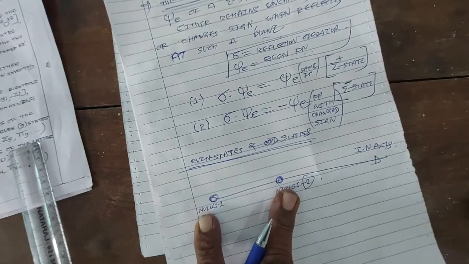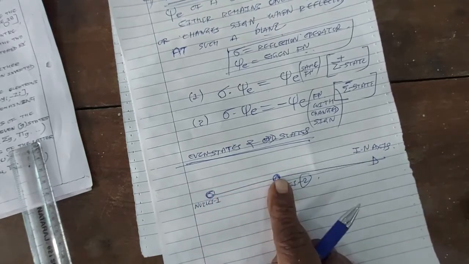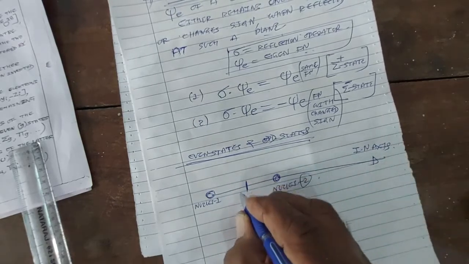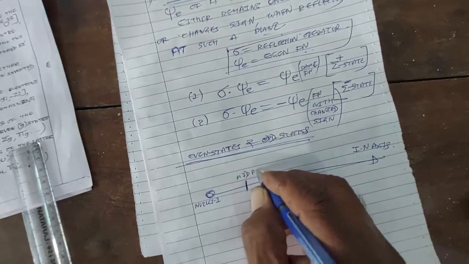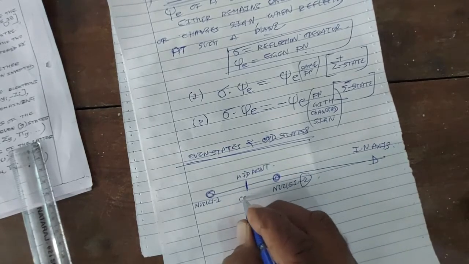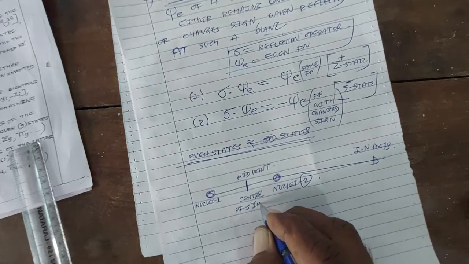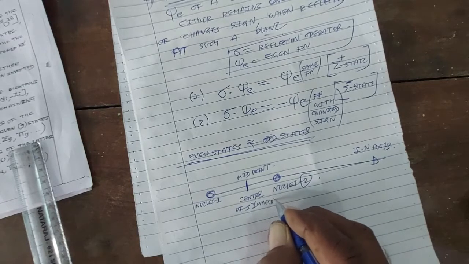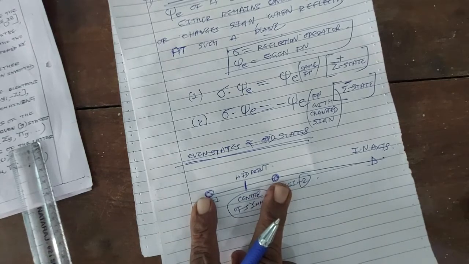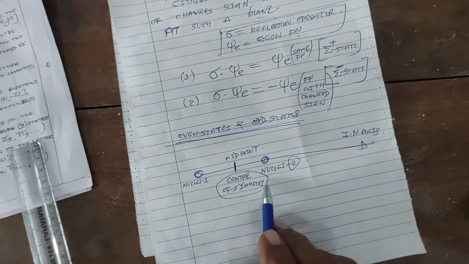If both the nuclei of the molecule have the same charge, then the midpoint of the internuclear axis is called the center of symmetry. So if the charge of both the nuclei of the molecule is the same, then the midpoint of the internuclear axis is called the center of symmetry.